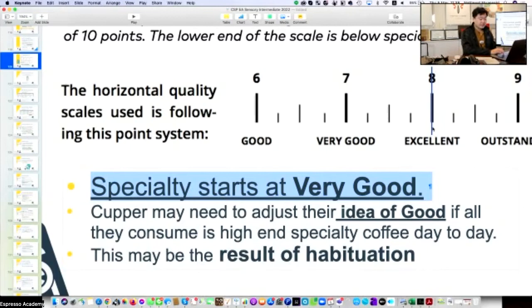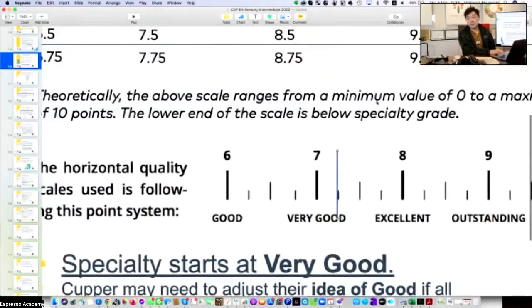But if you get 7, everything starts from very good here. If you get 7, it's approaching 80 plus. It needs about 2 more points. You get a 78 with very good. So most coffee, if you want it to be specialty, will score from 7.25 or 7.5 on most attributes.